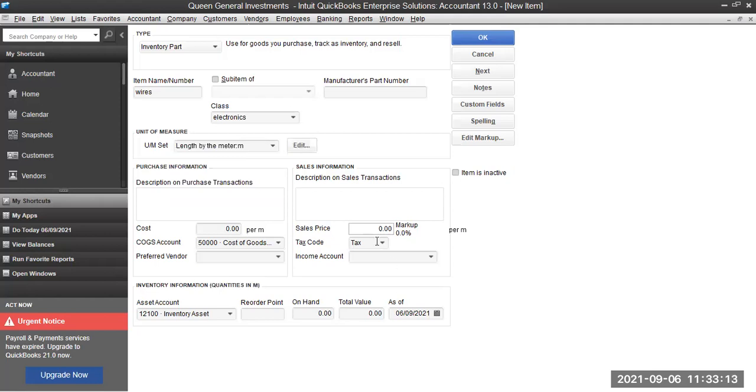And then the selling price, it's so easy because we have already set a markup.